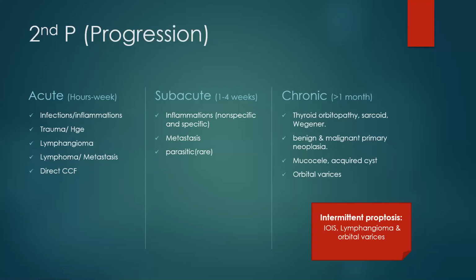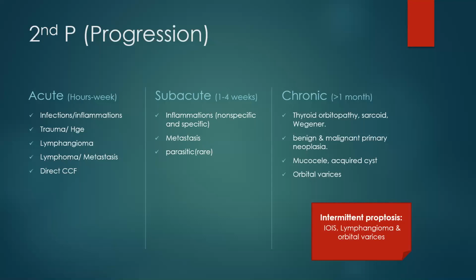Acutely progressive orbital diseases are mainly infectious and inflammations. Inflammations can also be subacute. And in the acute, we have conditions like trauma, hemorrhage, lymphangioma, lymphoma, metastasis, direct carotid cavernous fistula. Subacute, mainly inflammations and metastasis.